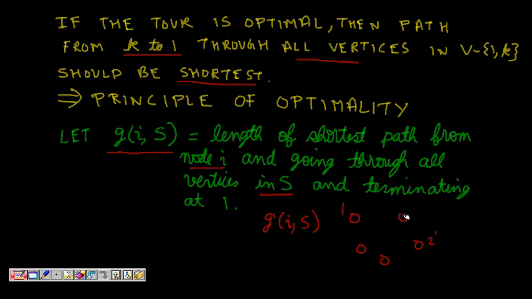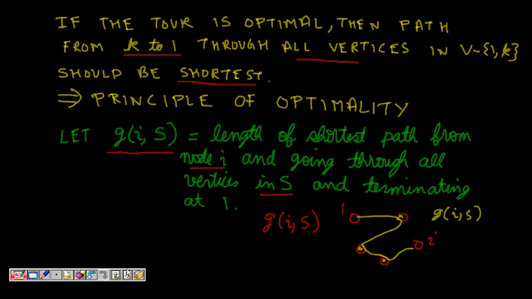Let these yellow vertices belong to the set S. Then G(i, S) means it starts at node i, the path goes through all the vertices in this set, and then it terminates at 1. So this is the meaning of G(i, S), and it is the length of the shortest path along the yellow line.